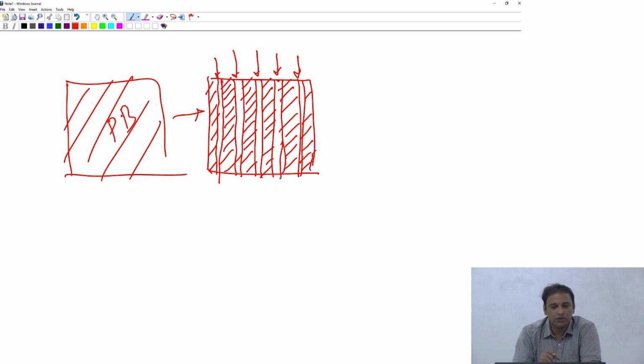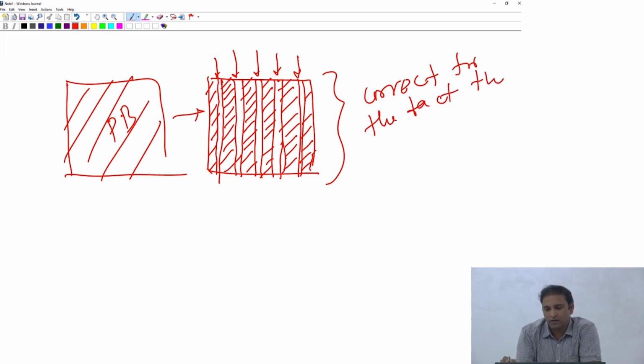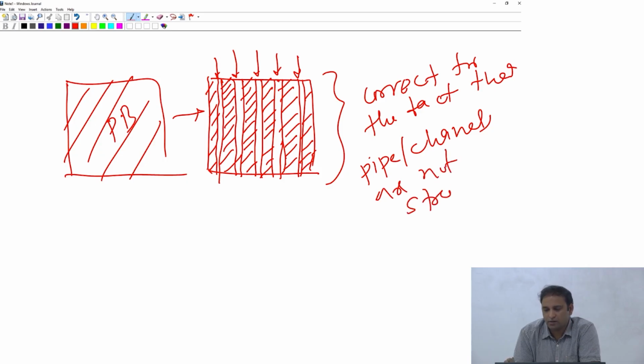So all I have to do is correct for the fact that pipes or channels are not straight.